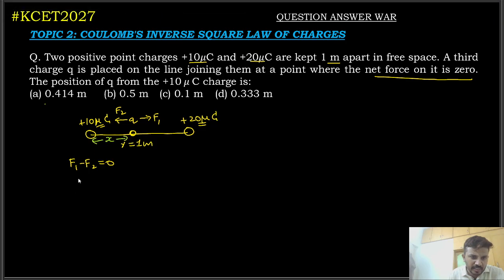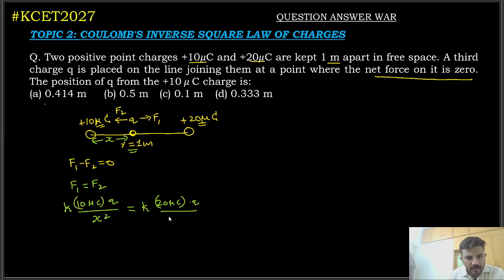For that, I will take it as x. Total distance is r, they have given. So F1 is equal to F2. F1 is how much? K into 10 microcoulomb into Q divided by the distance, x square. That is equal to F2, which is K into 20 microcoulomb into Q divided by r minus x.